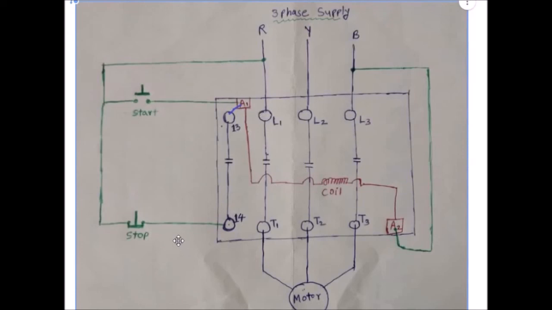When we want to stop the motor, we just have to press the stop push button. This will open this path and de-energize the contactor coil, and due to de-energizing of this coil, the plunger gets released, and these contacts again become NO contacts.